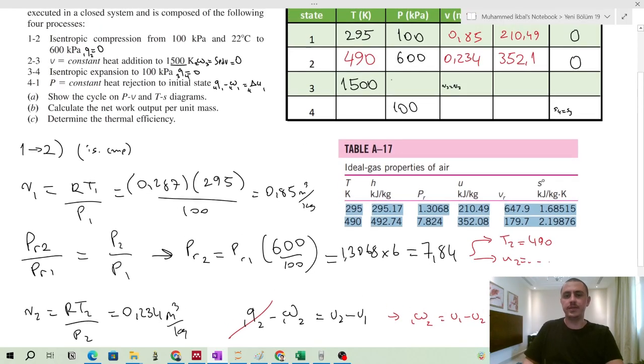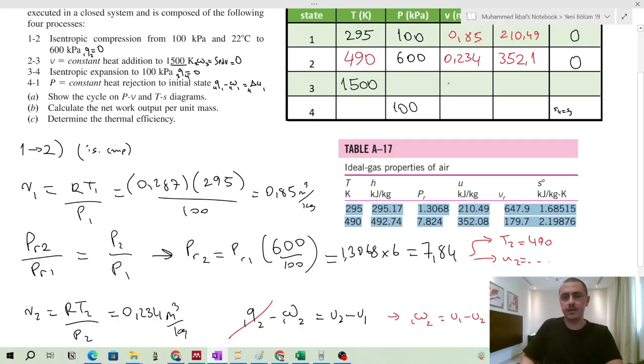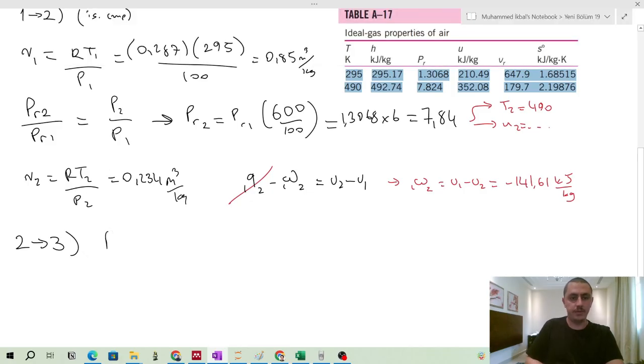From 2 to 3, what do I know? Volume is constant, perfect, because I know the specific volume at 2, so that will be equal to this specific volume again. And from there, we can find P from the ideal gas law. So P3 is equal to RT3 over specific volume 3.